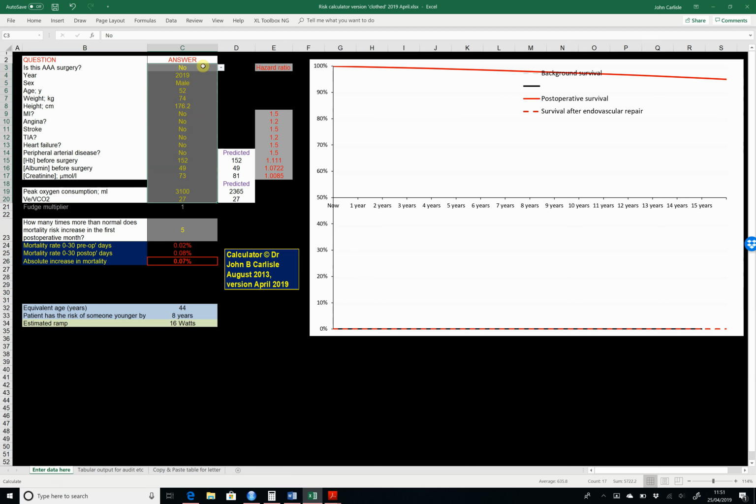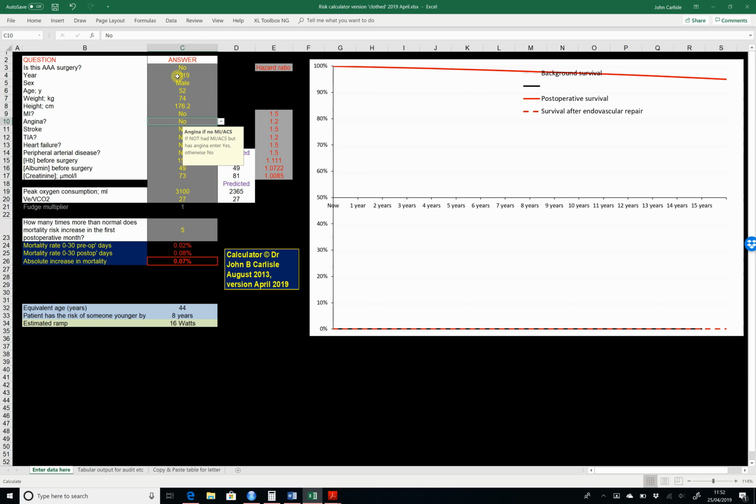Now the first question is whether this is abdominal aortic aneurysm surgery or not. I've currently put no, and I'll leave it as no. The next thing is year, self-explanatory. Then sex, male or female, age in years, weight in kilograms, height in centimeters. Has the person had a heart attack or not?